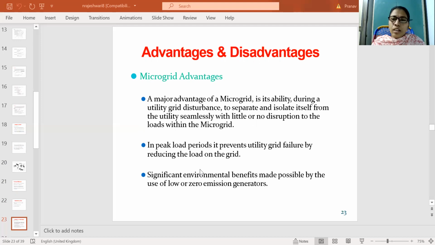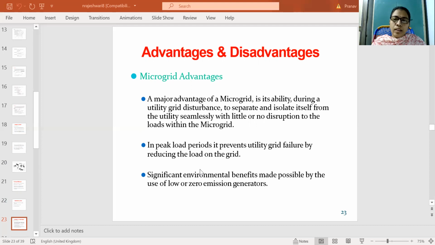So the major advantage is its ability to separate and isolate itself from the disturbances without disturbing the loads within the microgrid. This is the main advantage of microgrid.